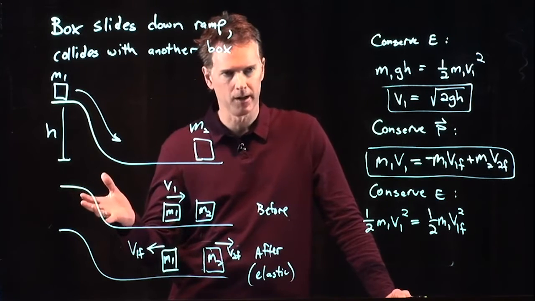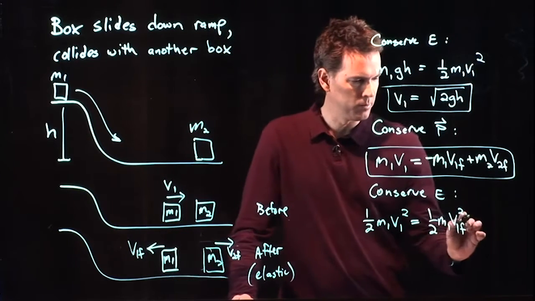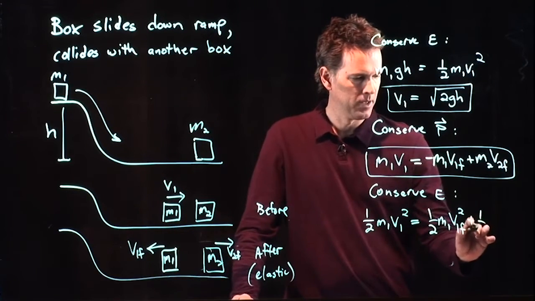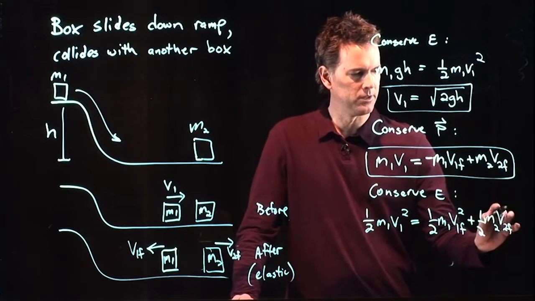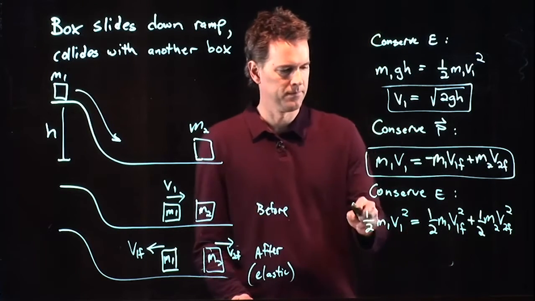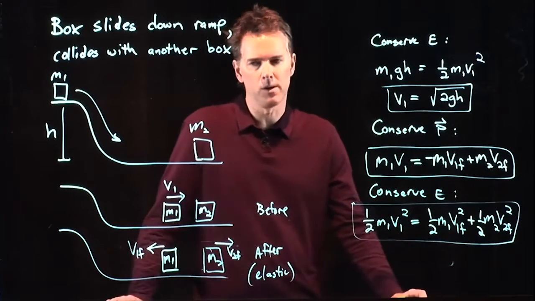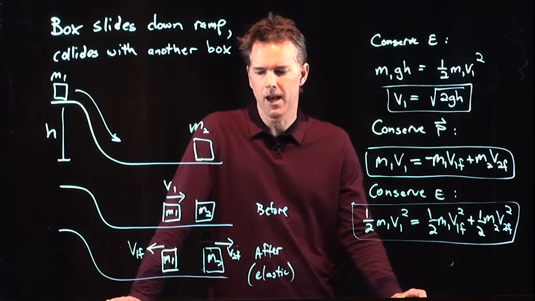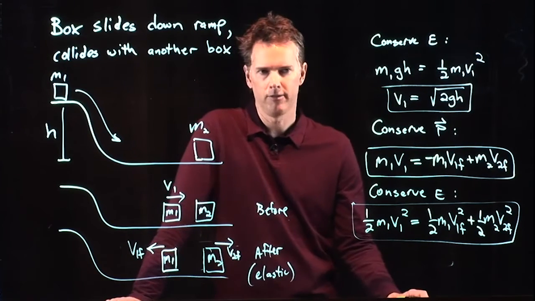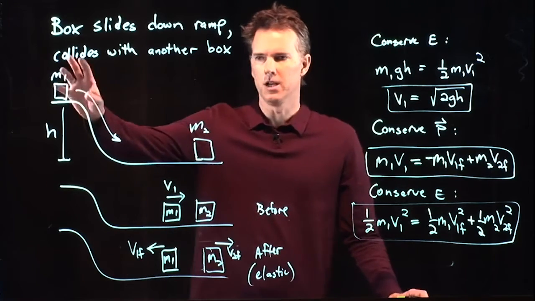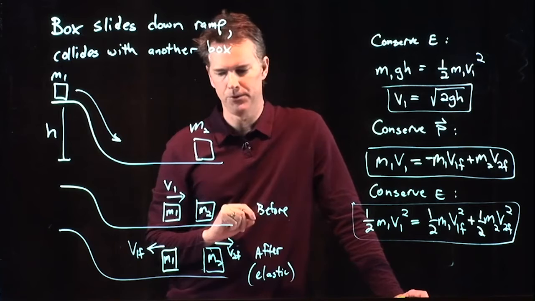You're going to square it and get rid of the negative sign anyway. So that's 1/2 m1 v1f squared. But then we have to add the kinetic energy of the other one. Okay, and so this is our third equation that we need. And now we can solve this for v2f in terms of the initial parameter h, and the initial masses m1 and m2.